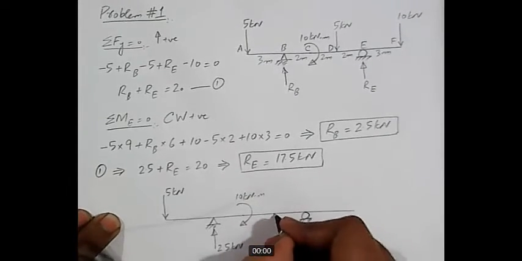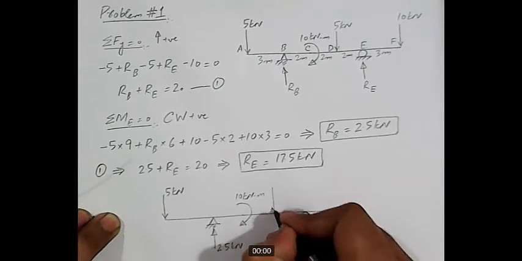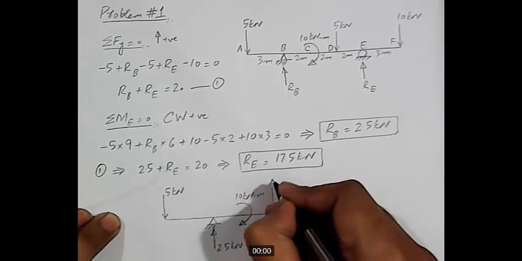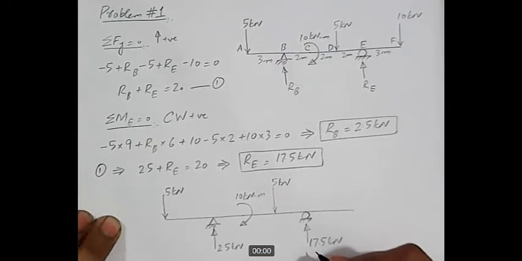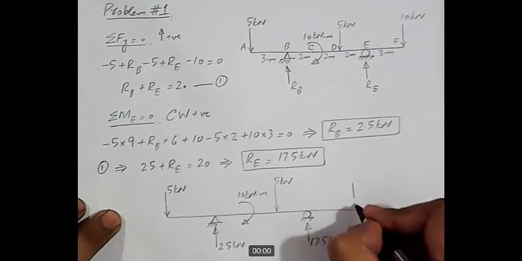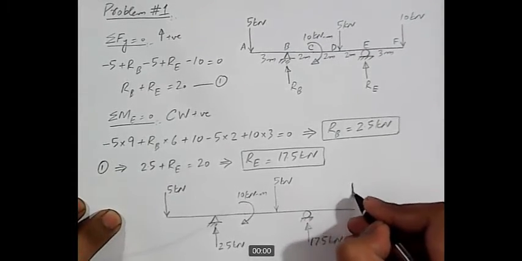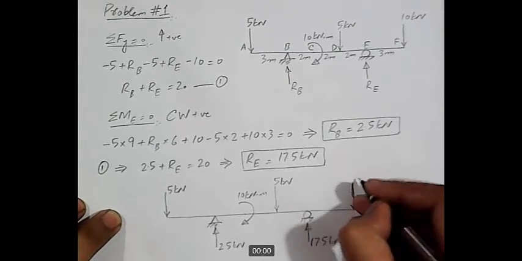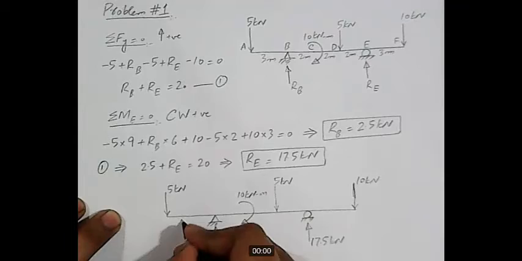and we have a point load acting at this point, 5 kilonewton. And what else do we have? We have a point load acting here, 10 kilonewton magnitude, and these distances are 3 meter.